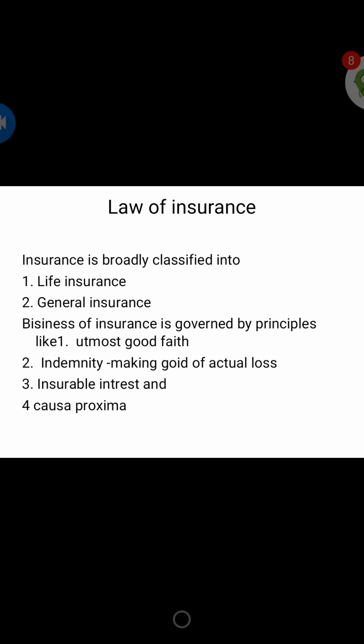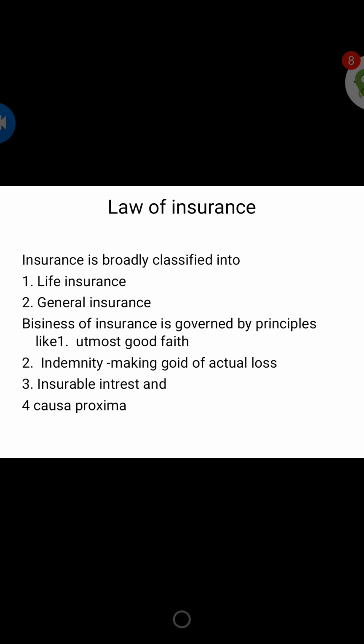The next is insurable interest. What is insurable interest? The insured must have an actual interest in the subject matter of insurance. This is applicable to all insurance policies and contracts.